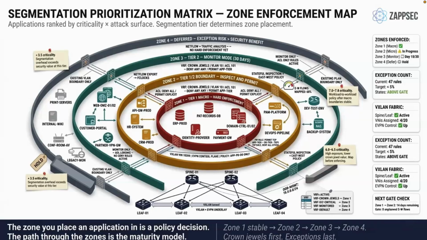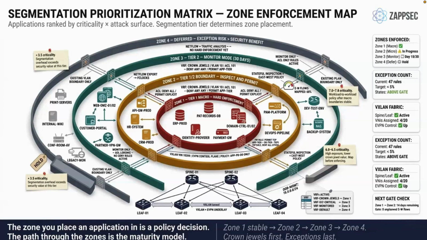And when we jump to zone two, it is the tier one, tier two boundary: inspect and permit here, like VXLAN and an EVPN control plane, policy app tier to database tier only. That is the access we need to give. The applications sitting here are API gateway productions, your HR systems, your CRM productions, and this is a DevOps pipeline as well.